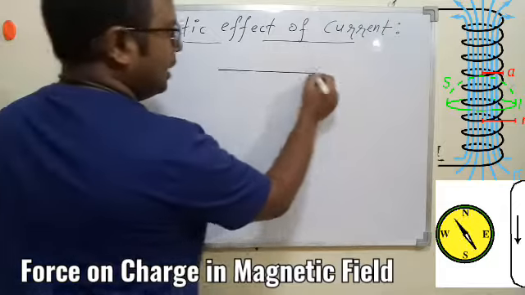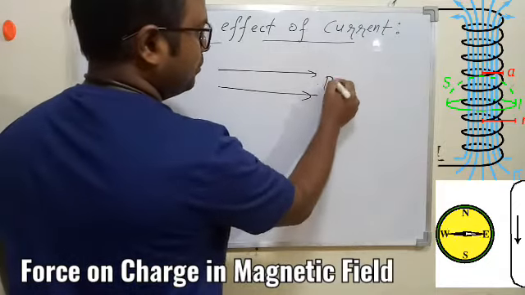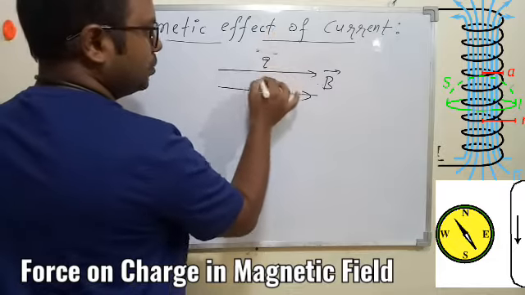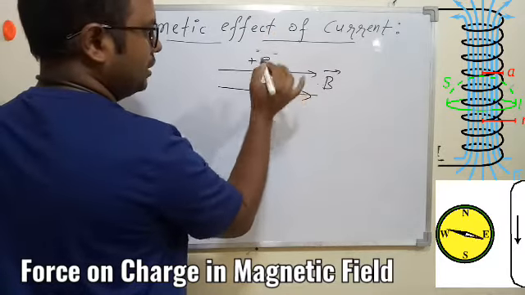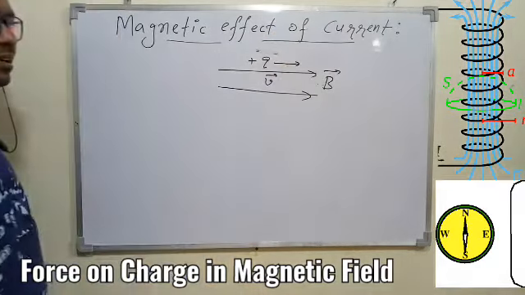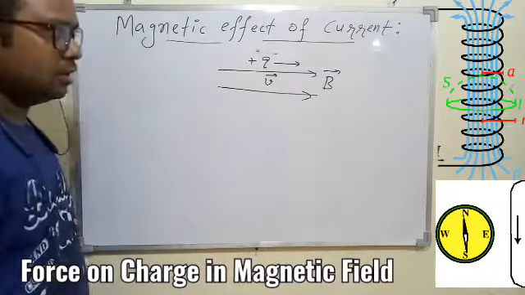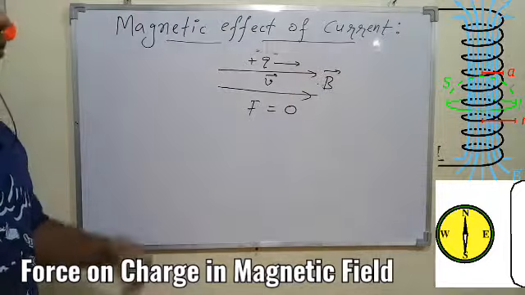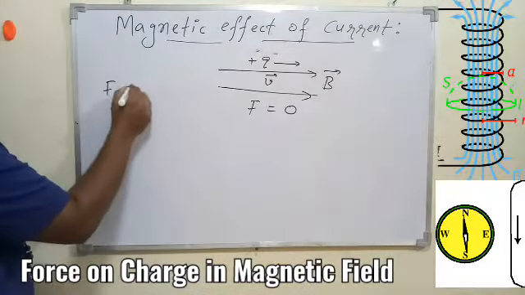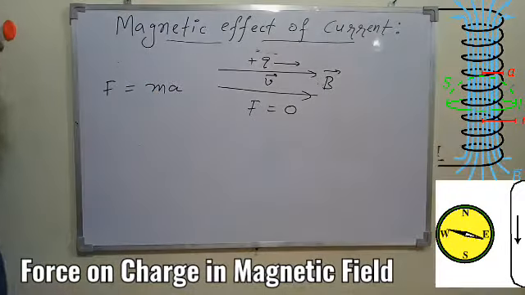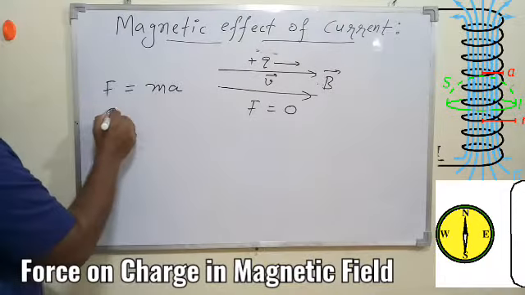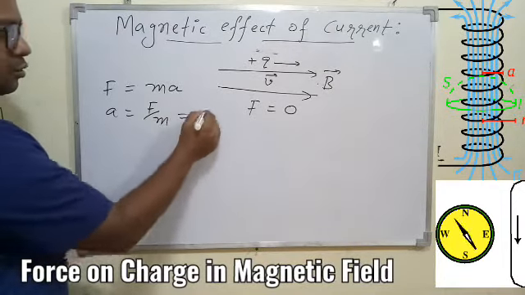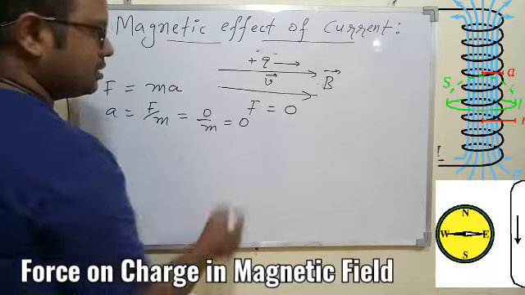Imagine a magnetic field B and a charge moving in a particular direction with velocity V, so the direction of the charge is parallel, or we can take it anti-parallel. In this case the force will be 0. We know from Newton's second law that F is equal to ma, or a is equal to F by m, and since F is 0, the acceleration is 0.